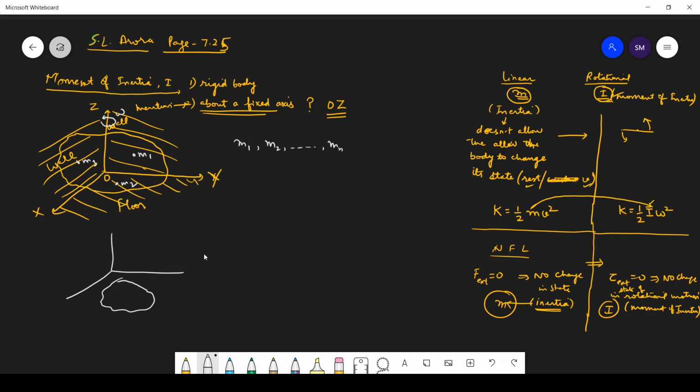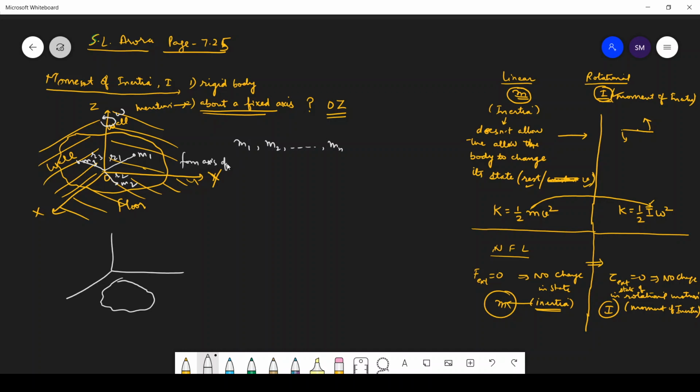So masses m1, m2, up to mn, and their distances from the axis of rotation.